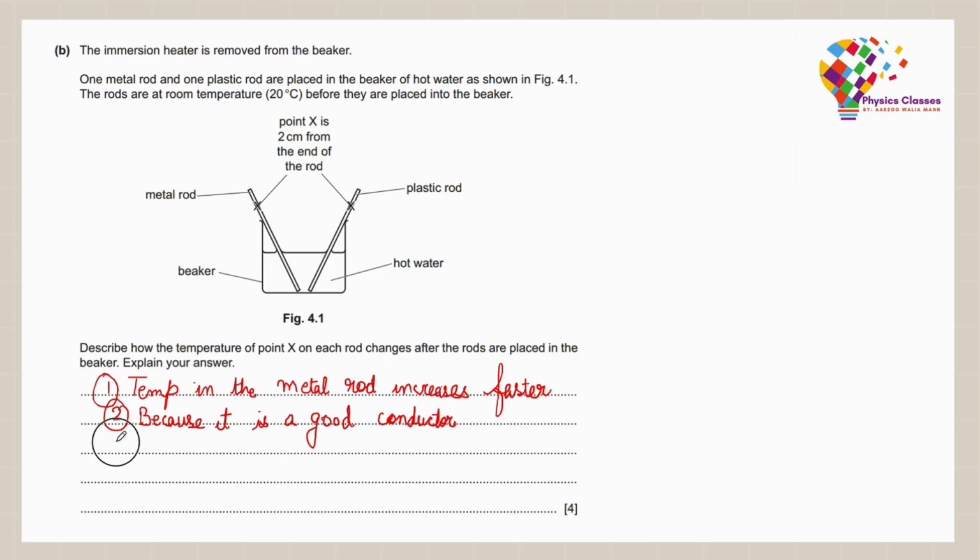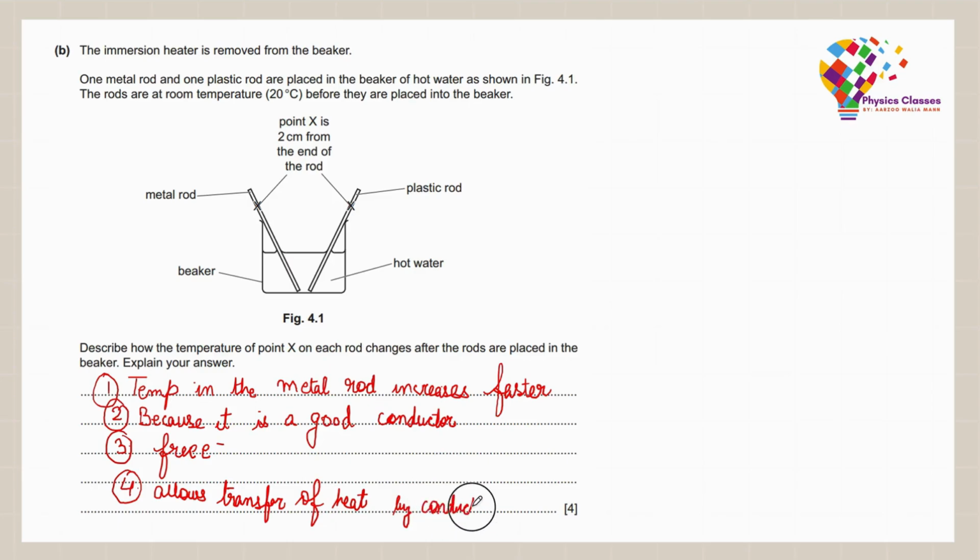Because it has free electrons, it allows the transfer of heat energy by conduction. So the temperature in the metal rod will increase faster because it's a good conductor and it has free electrons, due to which it allows the transfer of heat energy by conduction.